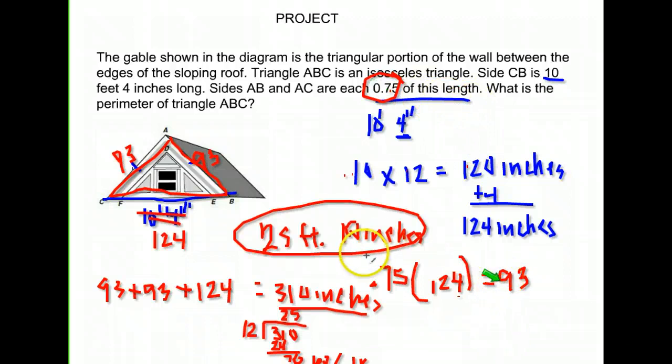And that gave us 93 inches. We added the sides together. We had two 93s and a 124, which gave us 310 inches total. And then we changed that back into feet. So we divided by 12, and 310 inches was 25 feet and 10 more inches. So our answer was 25 feet, 10 inches.